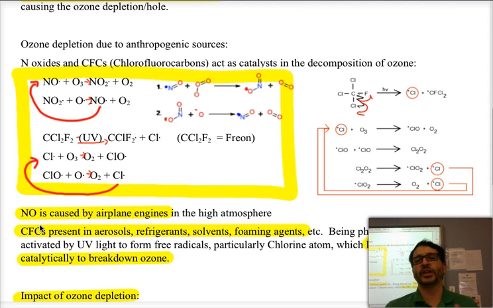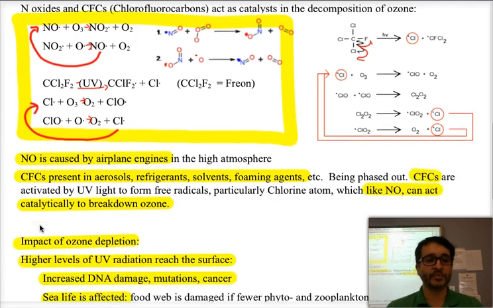Plane engines are putting nitrogen monoxide directly into the high atmosphere where they can affect the ozone. And remember, the chlorine atom that the CFCs form, and the NO, act catalytically. So this is going to have a very long impact.